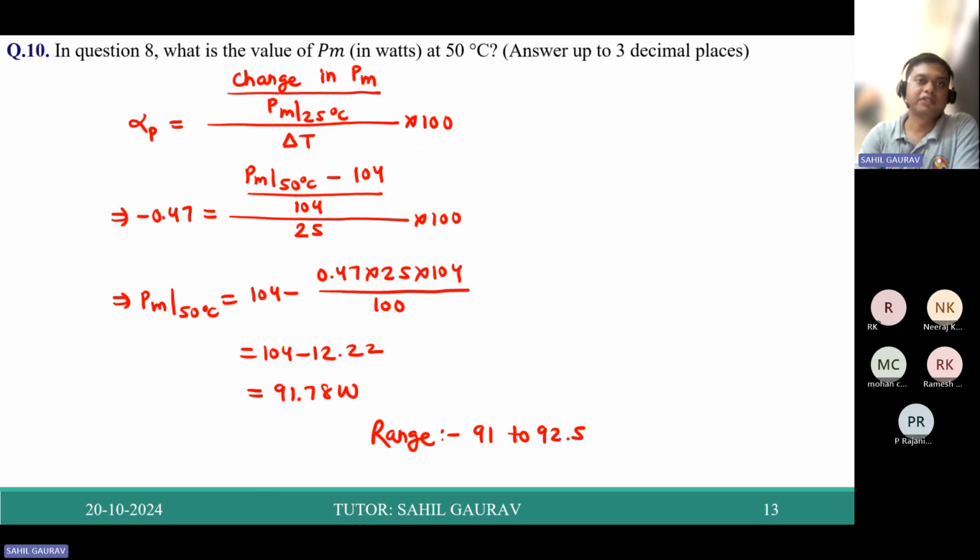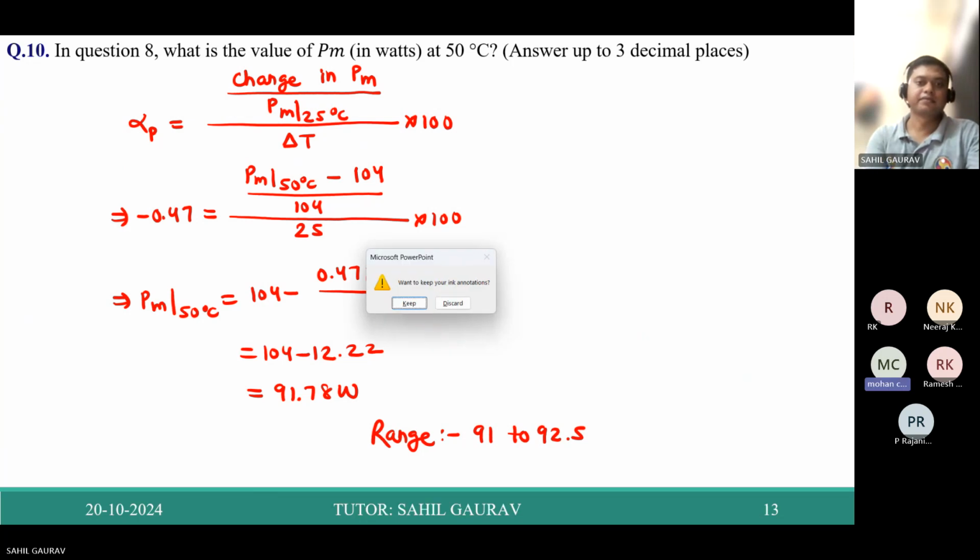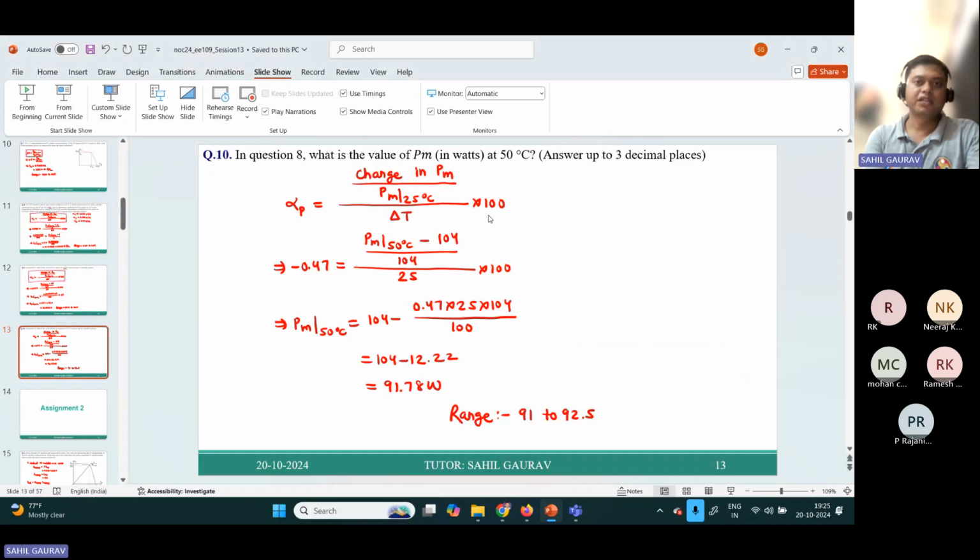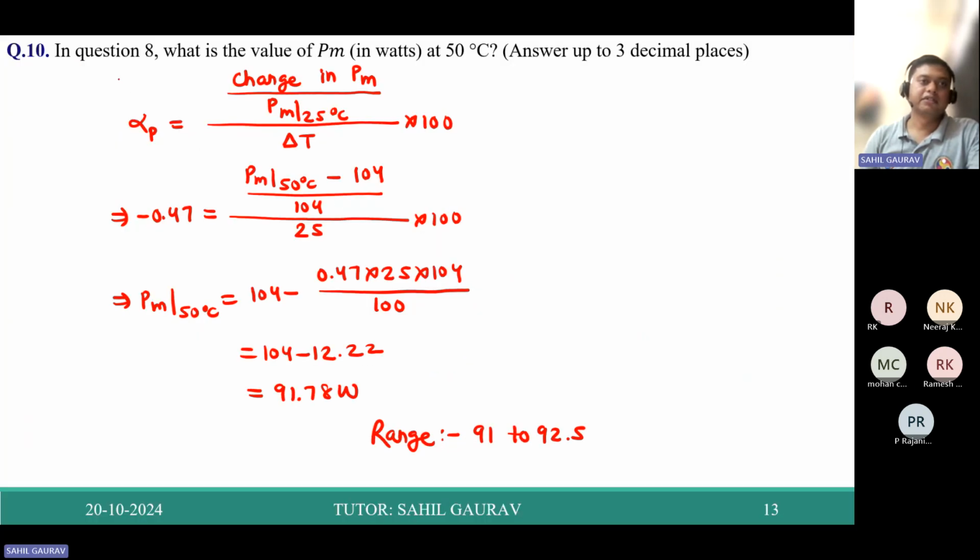Coming to the next problem. What is the value of maximum power in watts at 50 degrees Celsius? So again you have to apply this expression for power coefficient.